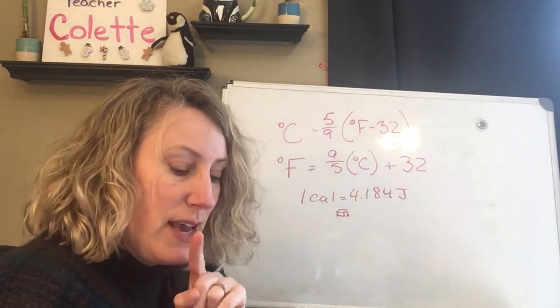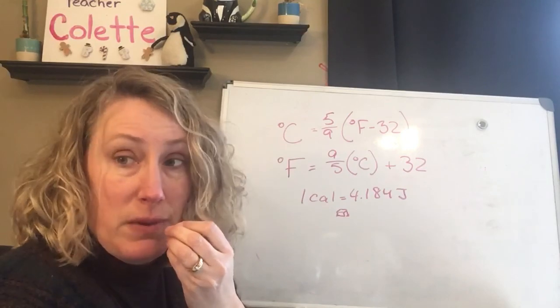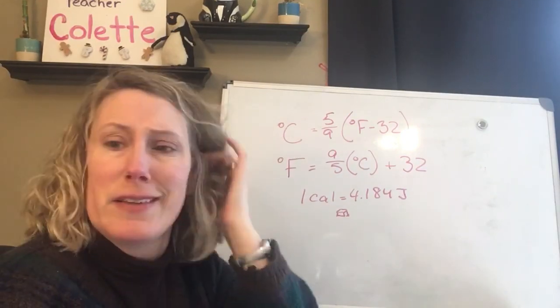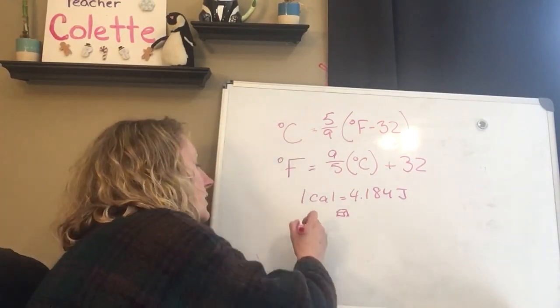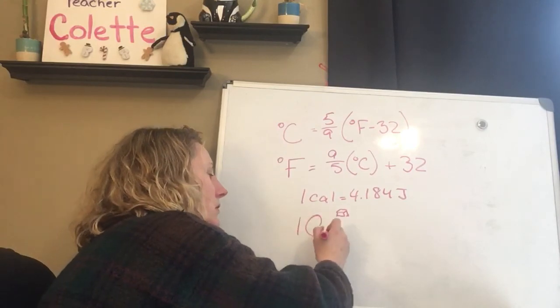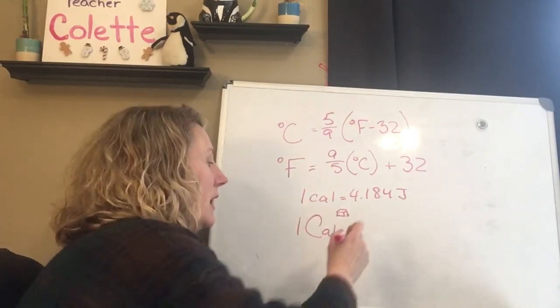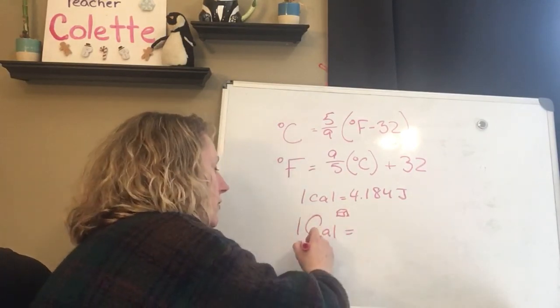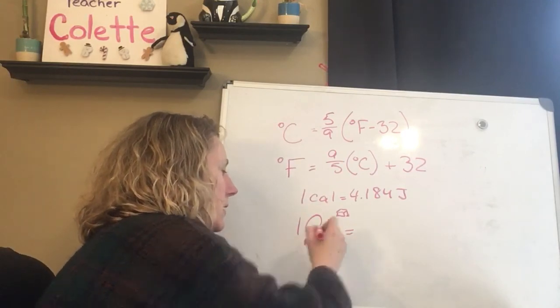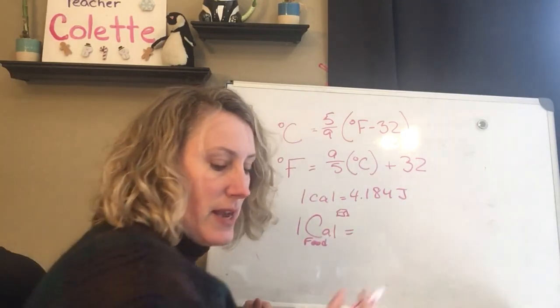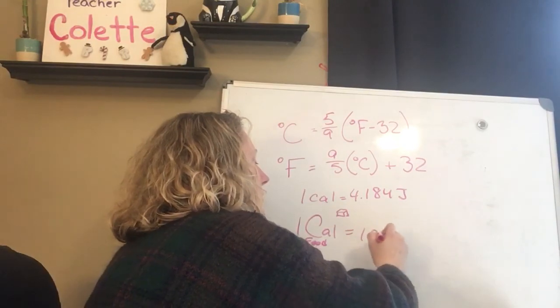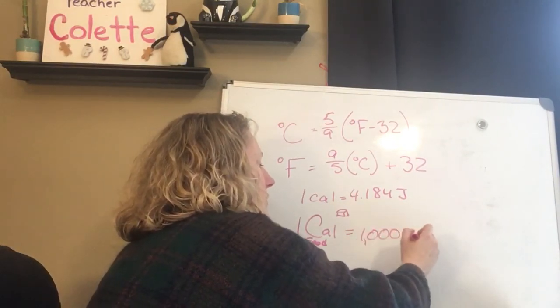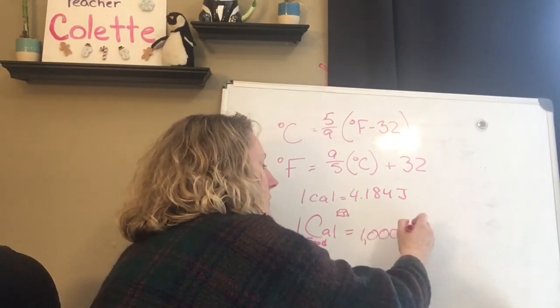Now we use calories in our English language, but the problem is they're not the same calories. The calories that I eat when I'm eating my Snickers bar or my Valentine's Day candy are capital C-A-L Calories, so that is 1 food Calorie, and that's actually 1,000 chemistry calories.